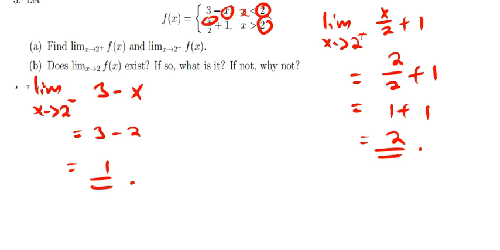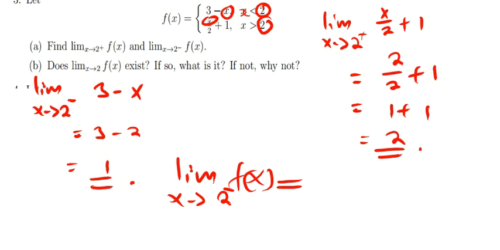Now part B is saying, does the limit as x approaches 2 of f of x exist? If so, what is it? If not, why not? So now the limit as x approaches 2 from the left side is not equal to the limit from the right side. So I'll say this limit doesn't exist because the limit as x approaches 2 from the right side of f of x is not equal to the limit as x approaches 2 from the left side of f of x.